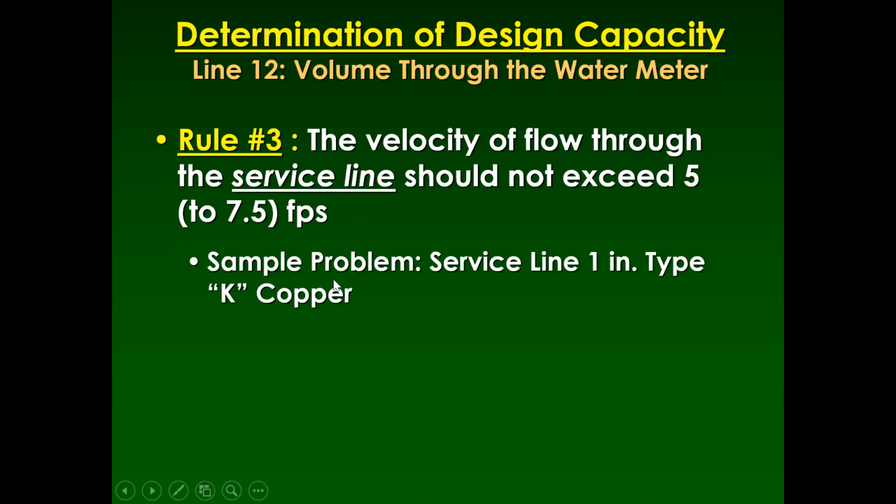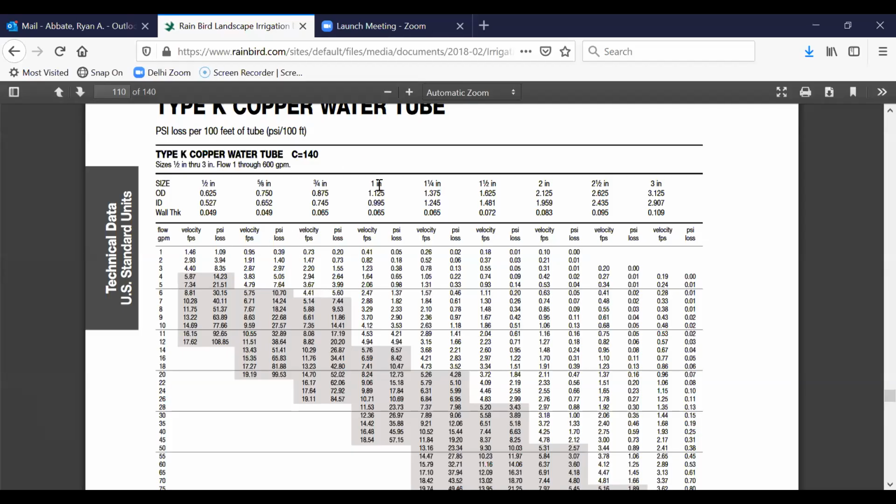So we have a sample problem. Our service line is 1 inch type K copper. So we go to those charts. At 1 inch type K copper, what flow amount is still below 7.5 feet per second without going over that number? 14 gallons per minute.